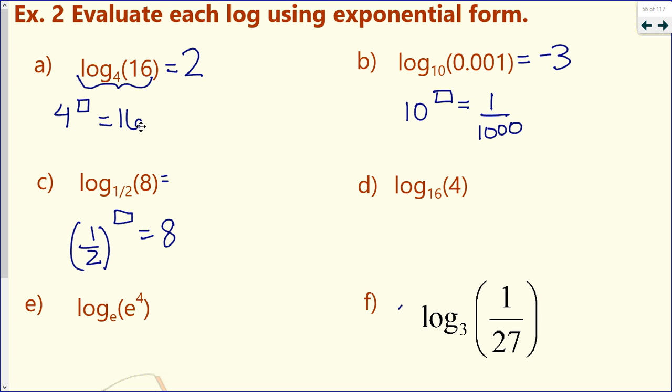Yeah, it's going to be the negative third power, because 1/2 to the third power is 1/8. 1/2 to the negative third power, we flip it over, and that's 8.